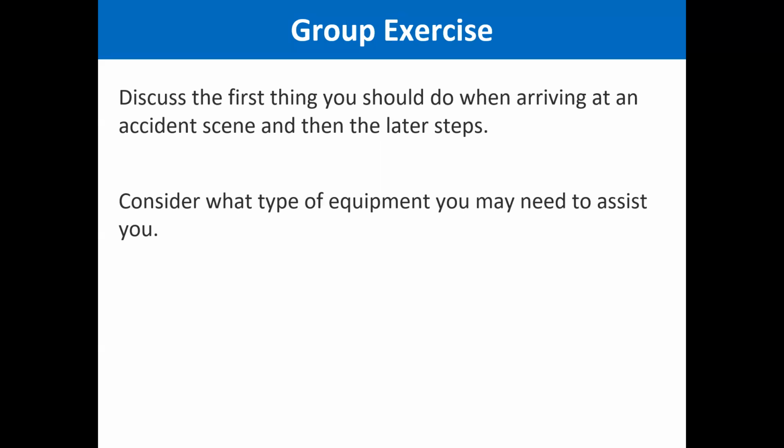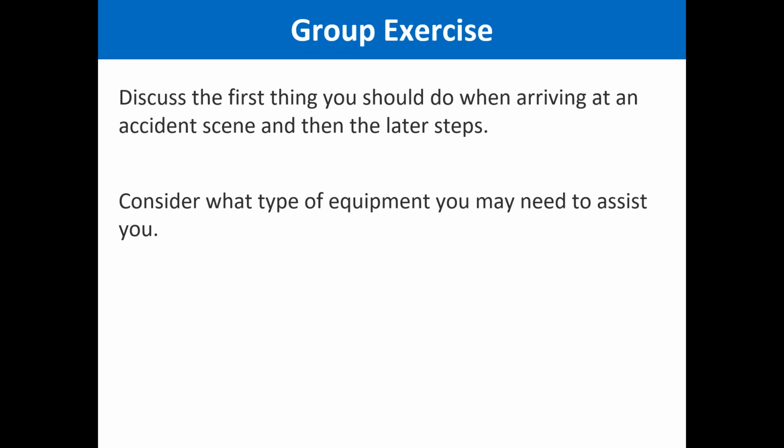Because it is very likely that the hazard which caused the accident and injured the other person might still be present. When you approach the scene of the incident, you might also get injured, you might also be exposed to that hazard. So the first thing you need to do is make sure that the area is safe.